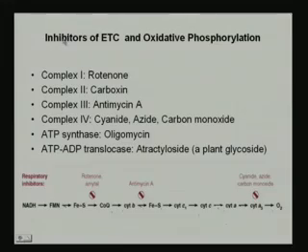If we see different inhibitors of electron transport chain and oxidative phosphorylation, we can find that in the electron transport chain, rotenone, carboxin, antimycin A, cyanide, azide, carbon monoxide, etc. are the inhibitors of this electron transport chain. Here in the plain straight electron transport chain, we are considering complex 1, complex 3 and complex 4. We can see that complex 1 is getting inhibited with rotenone.